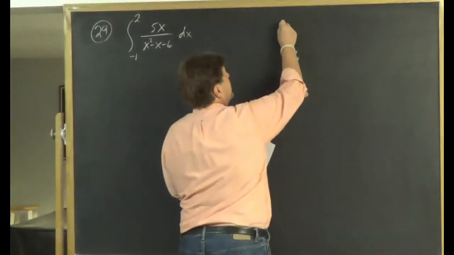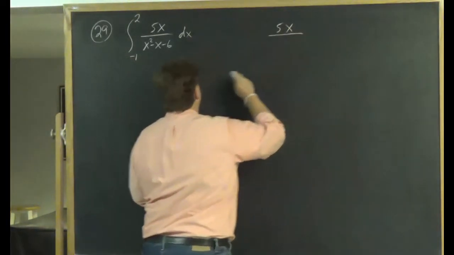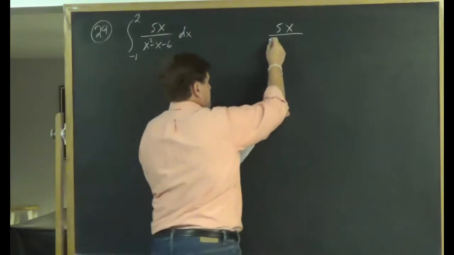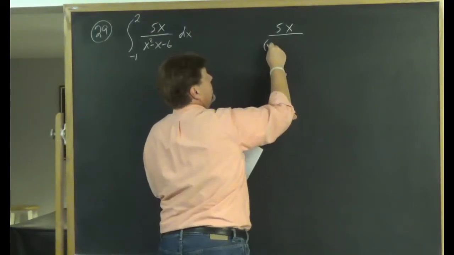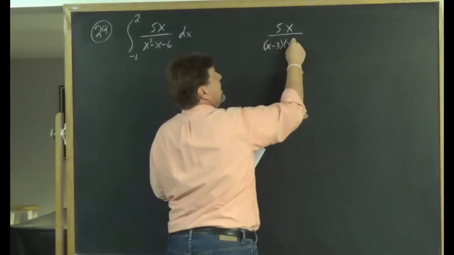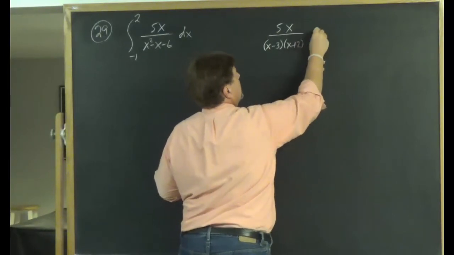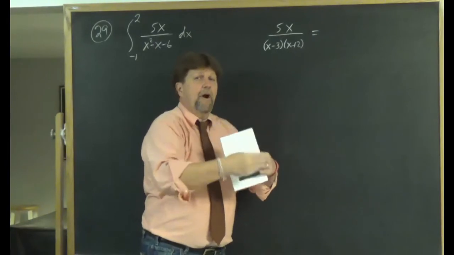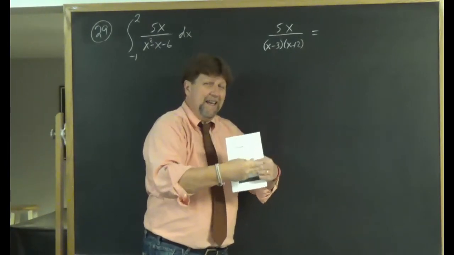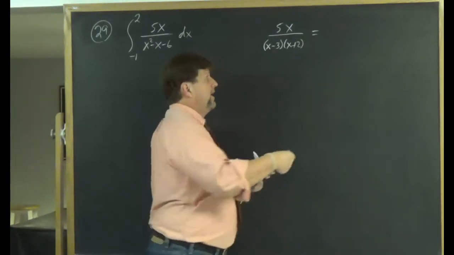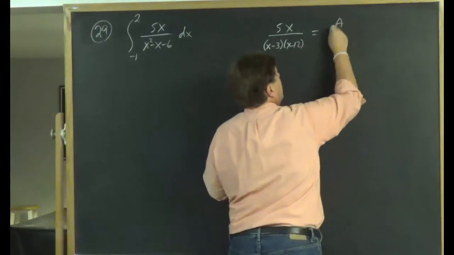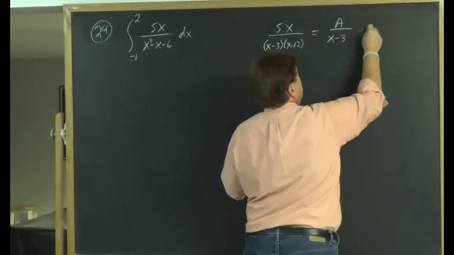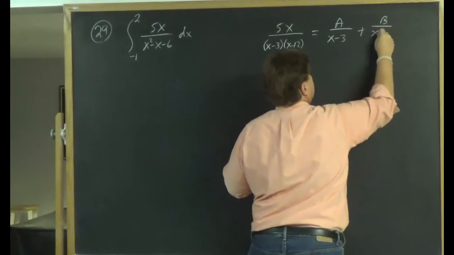And I notice the denominator factors, just like the example that we did, which was kind of nice. Now I have to write down a fraction where I account for each factor in the denominator. So I write A over x minus 3 plus B over x plus 2.